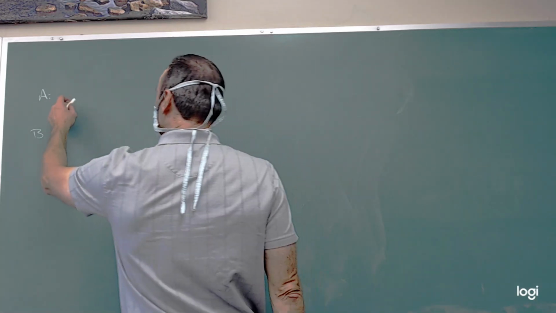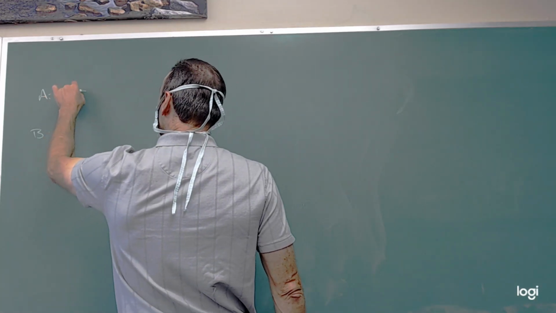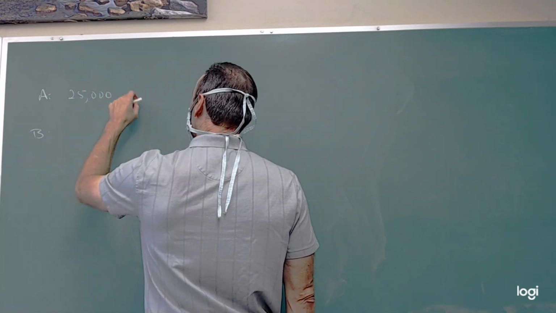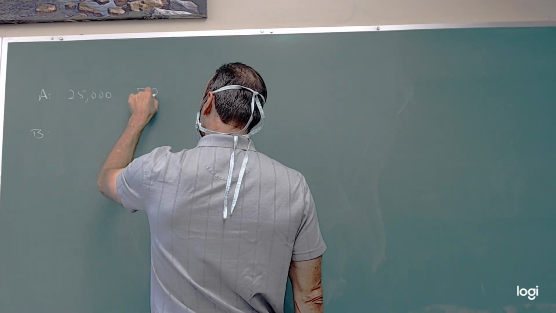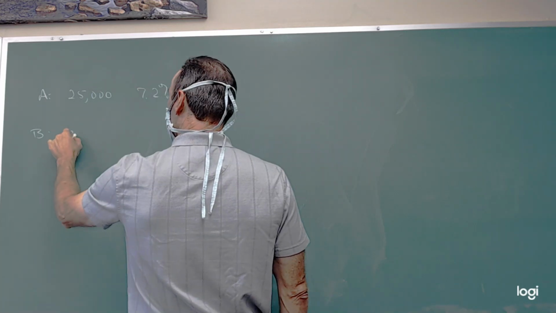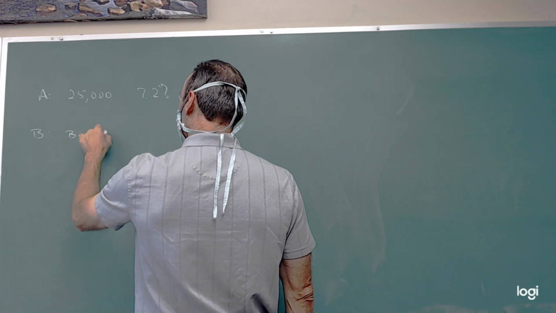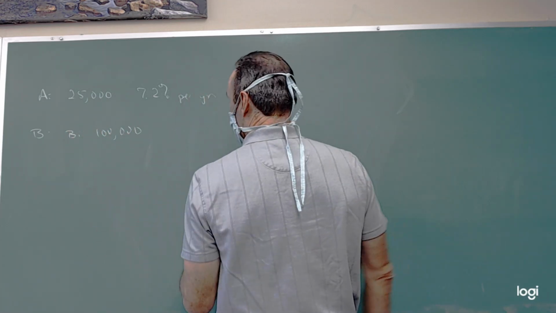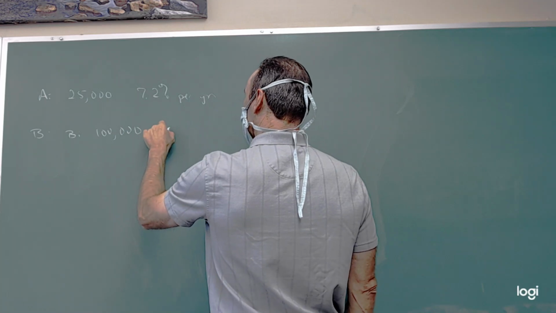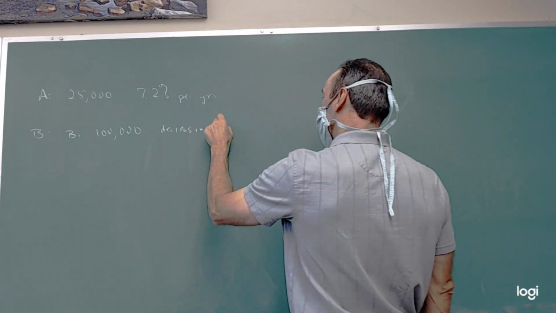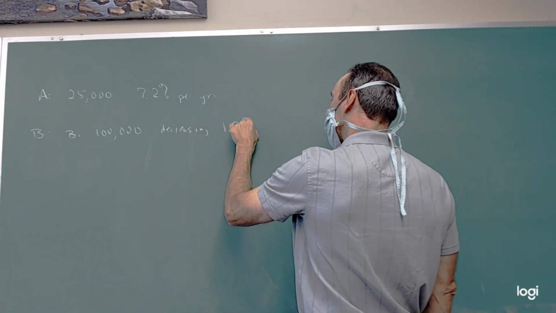So let's change it and say that A has a population of 25,000, and it's growing by, we'll say, 7.2% per year. And we'll say city B has a population of 100,000, and, let's make it more interesting, say it's decreasing by, we'll say, 1.9% per year.